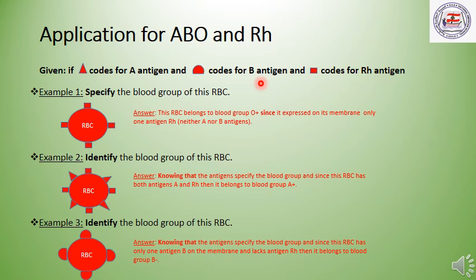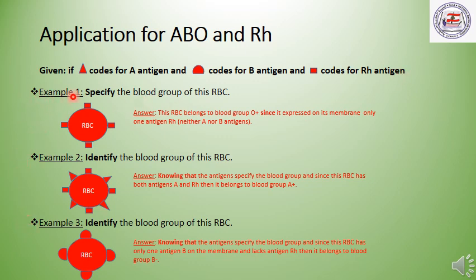An application for both the ABO system and the Rh system. Given the following legend, if the triangular shape codes for the A antigen and the semicircular shape codes for the B antigen and the square shape codes for the Rh antigen, solve the following three examples.